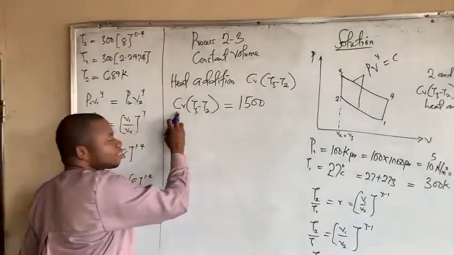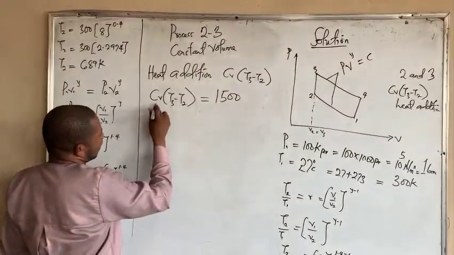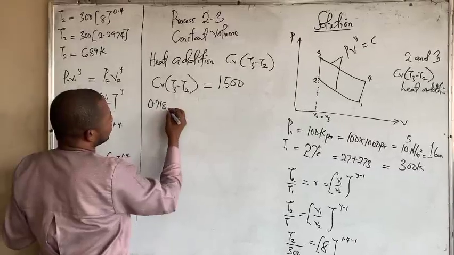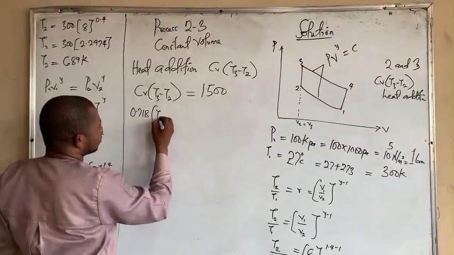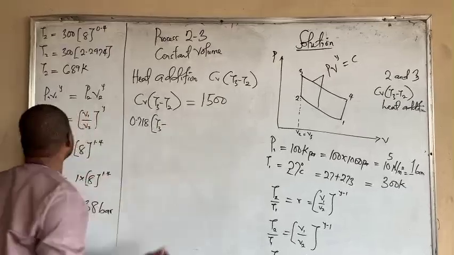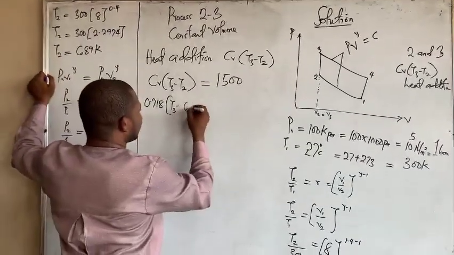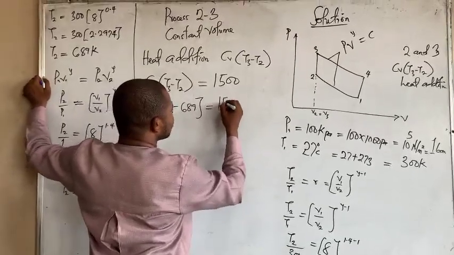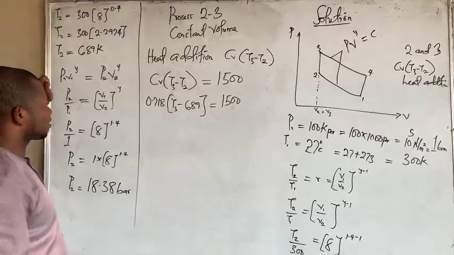So now our specific heat value from the equation is 0.718. Then into the bracket, T3 minus T2; we've gotten T2, which is 689. Close the bracket, equals 1,500.